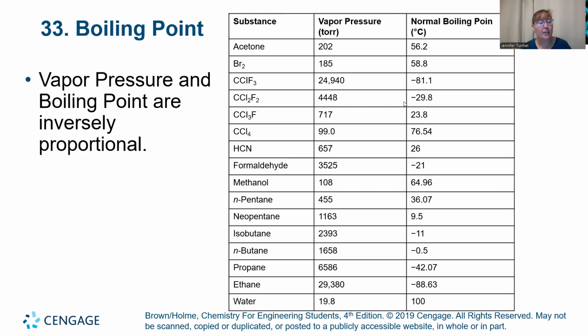And this is just a little chart here. You can see that vapor pressure and boiling point are inversely proportional in here. So vapor pressure goes up and boiling point goes down. And the example that we might have here is, let's take a look at methanol, which you have heard of, versus water, which you've also heard of.